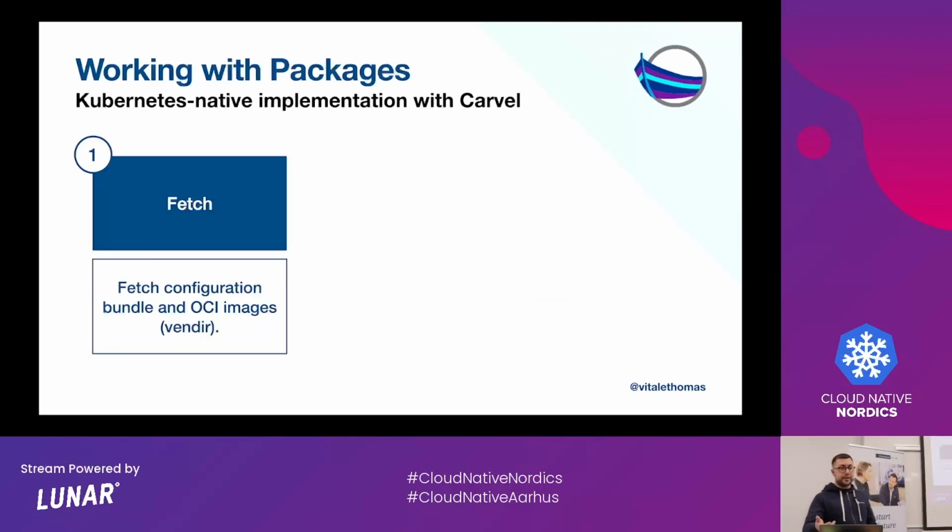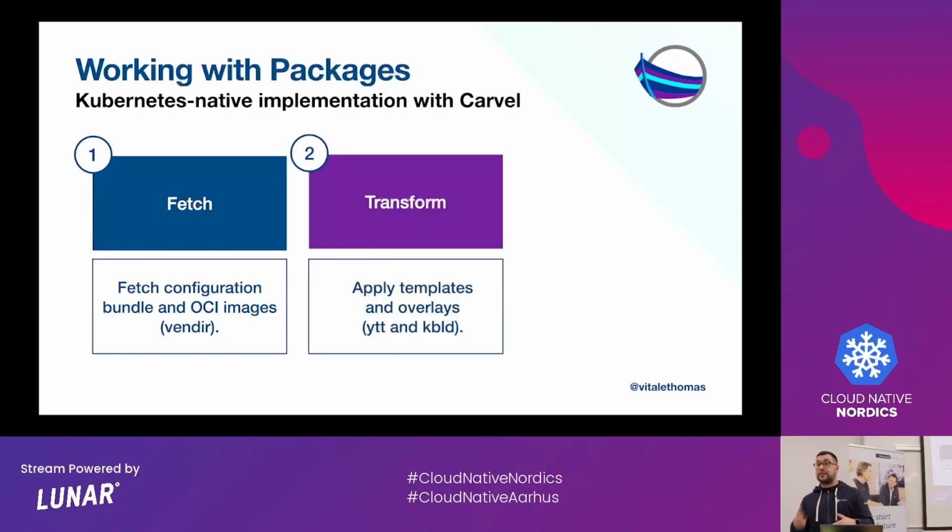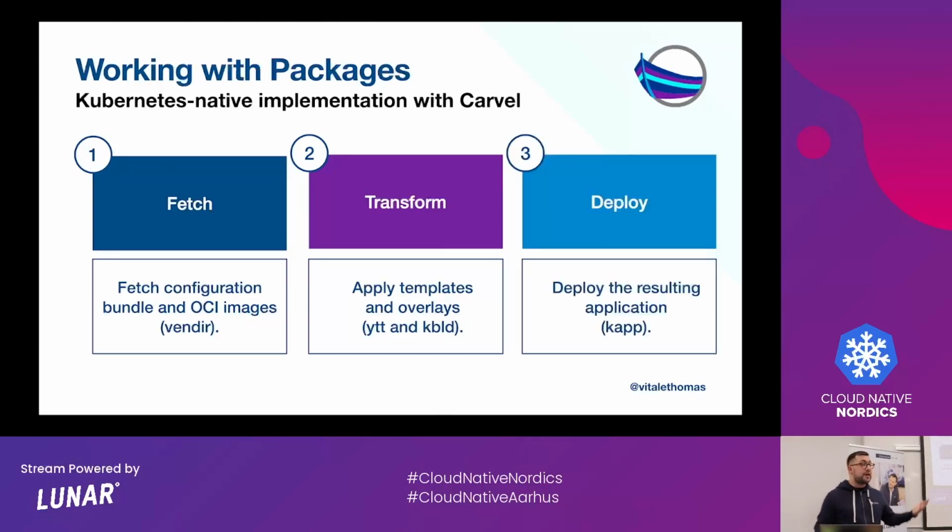You can fetch it explicitly from my container registry, or you can use vendir, just like we saw before. Then you would have to go through those transformation steps using ytt, kbld. Maybe you want to use helm template, or cue, or SOPS for resolving some secrets. So we have different steps in there for transforming our manifest, and finally the deployment.